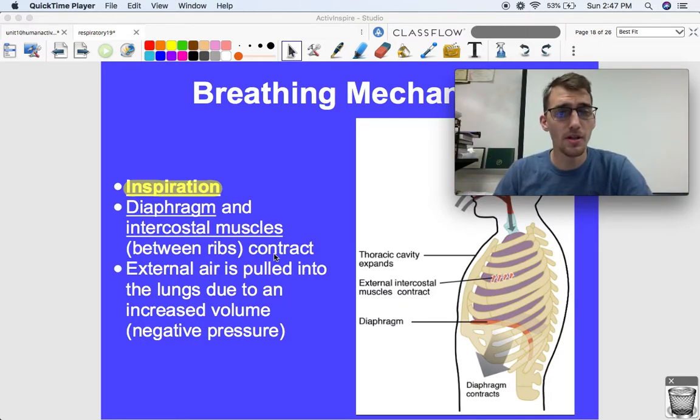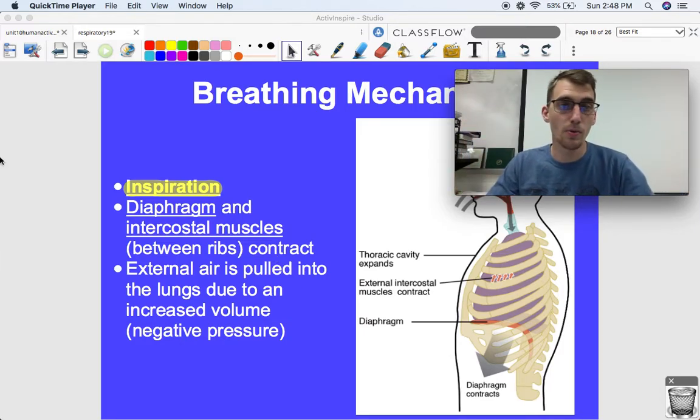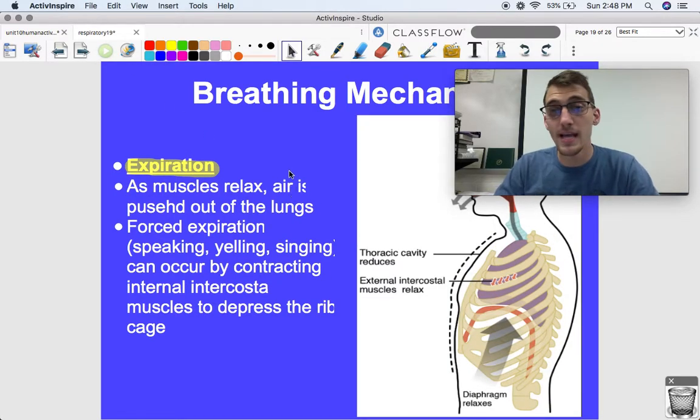External air is pulled into the lungs due to an increased volume. We can study gas laws like Boyle's law and see the relationship between pressure and volume. If you increase the volume, you decrease the pressure. So by increasing the volume of the thoracic cavity, you're decreasing the pressure and thus forcing air in. That's called inspiration.